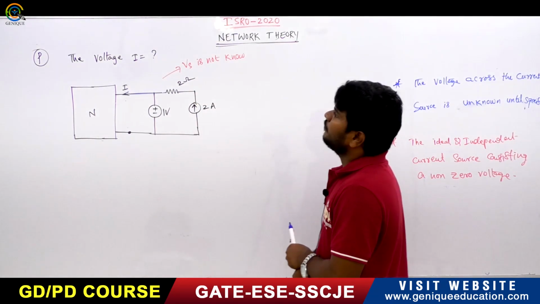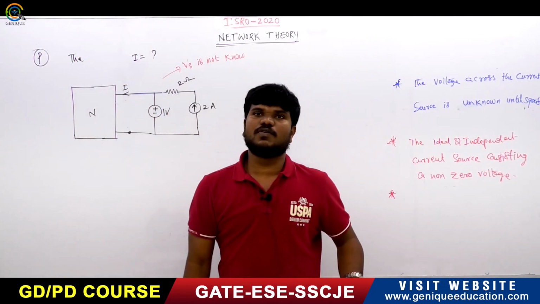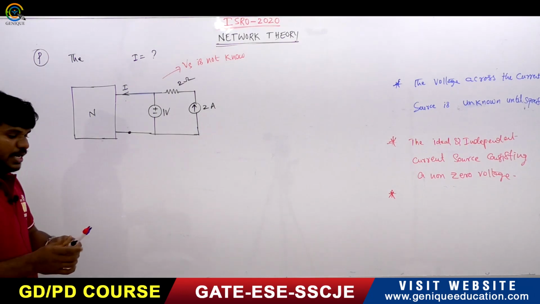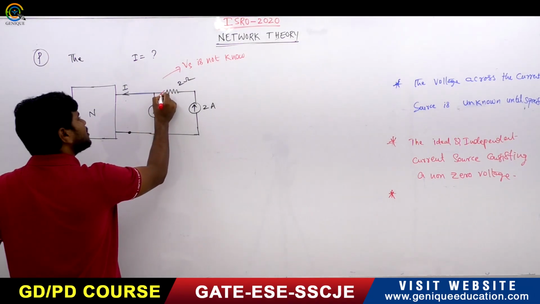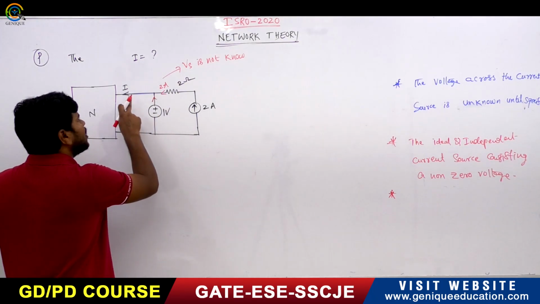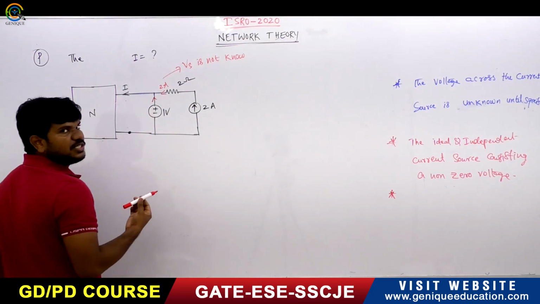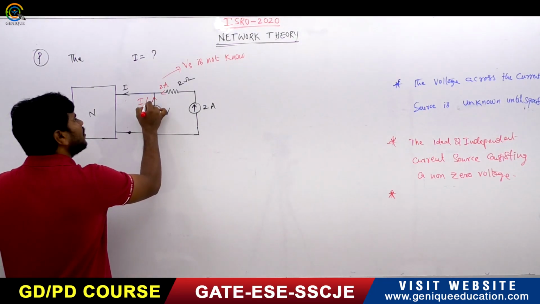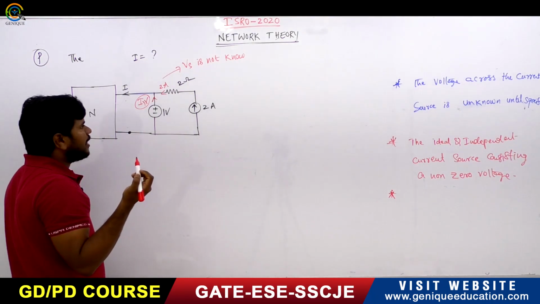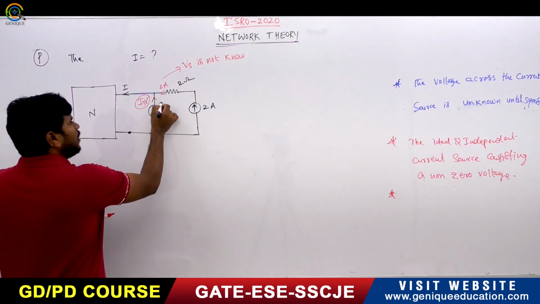Now find the current I. The value of I equals 2 amperes, right? 2 amperes is coming. Now what is the current in this? This I is equal to the current in this branch plus the current in this branch. We don't know this current, right?